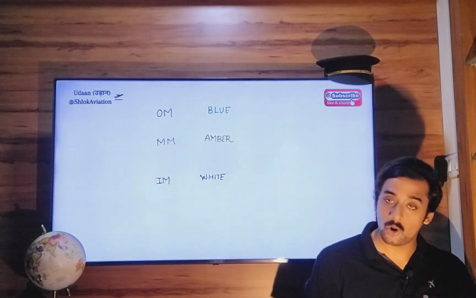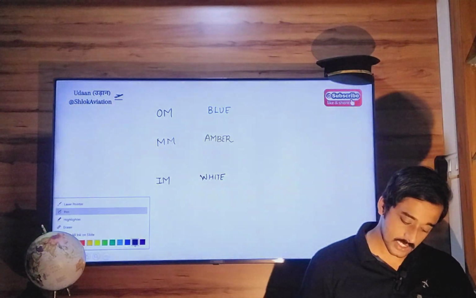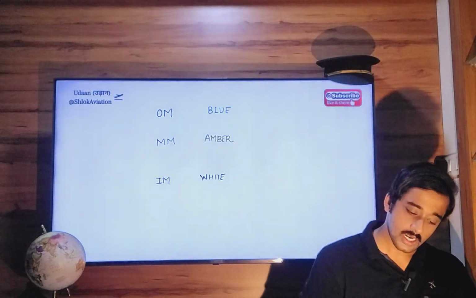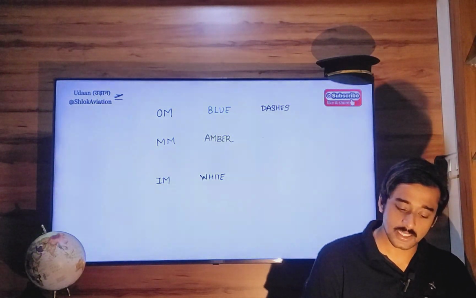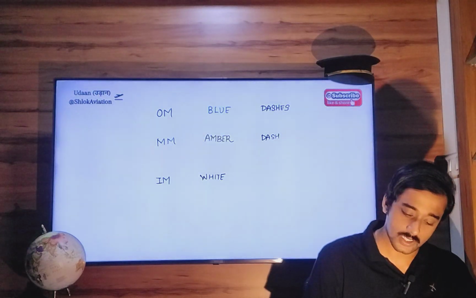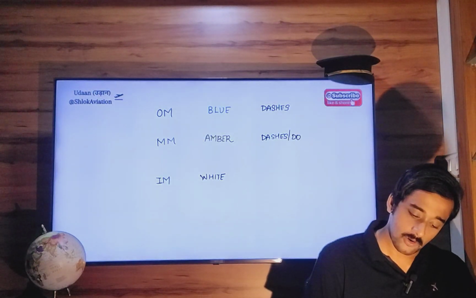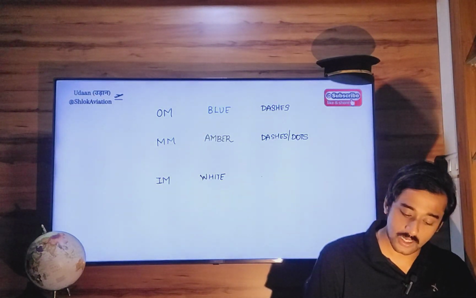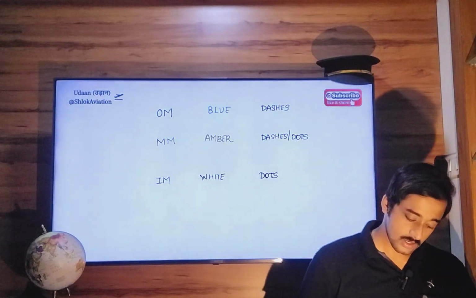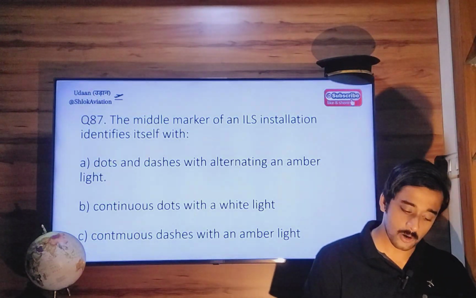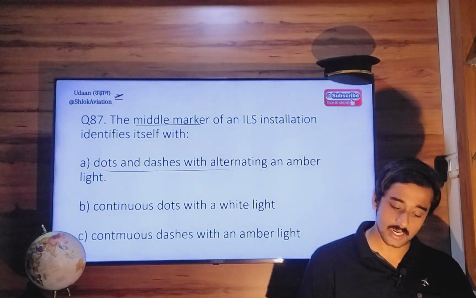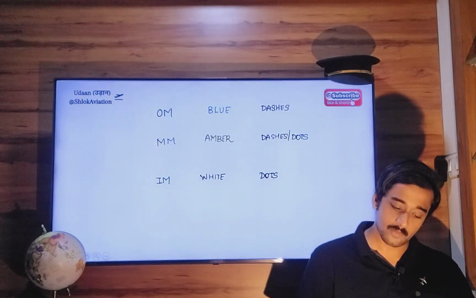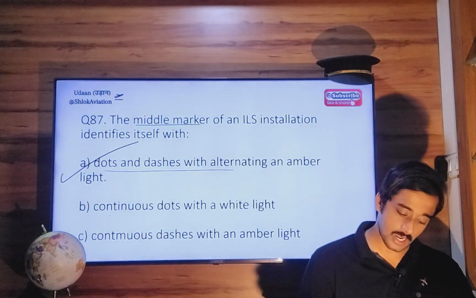And the Morse code for outer marker is continuous dashes. For middle marker it is alternating dashes and dots. For the inner marker it is continuous dots. So for the middle marker, it's alternate dots and dashes with an amber light. So option A will be the right option.